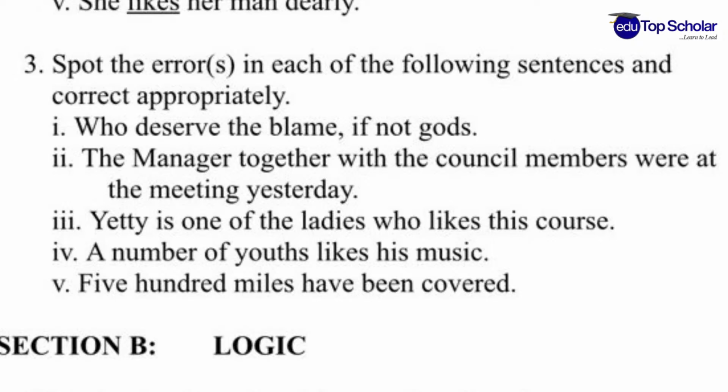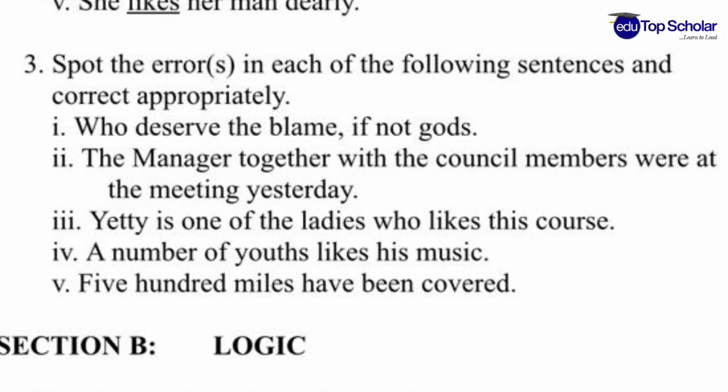All right, there is a comment that we should treat number 2 again. The sentence in number 2 is the manager, together with the council members, were at the meeting yesterday. I told you that is accompaniment concord.